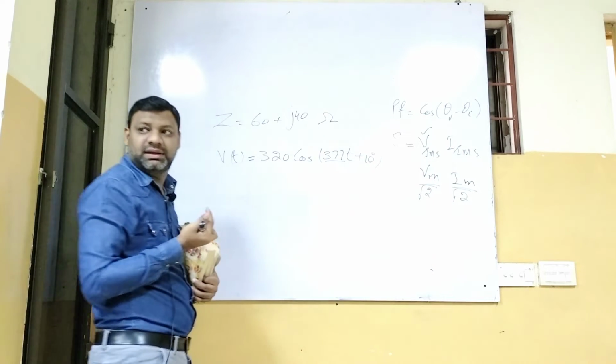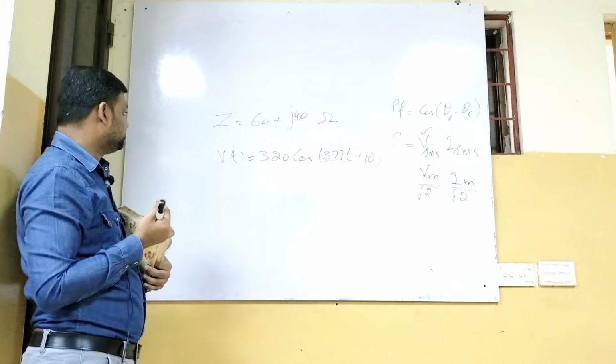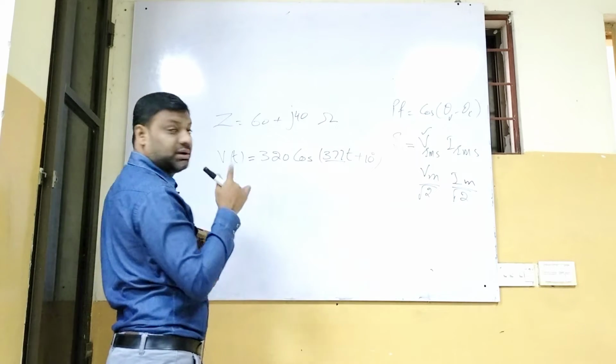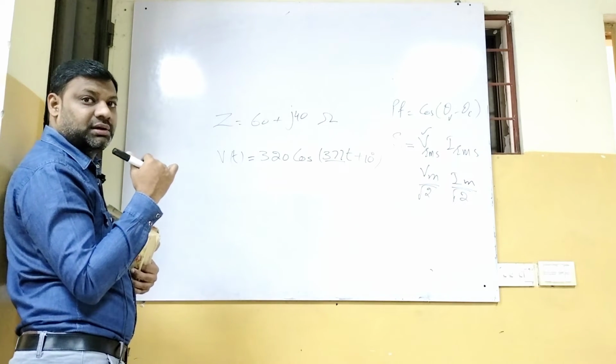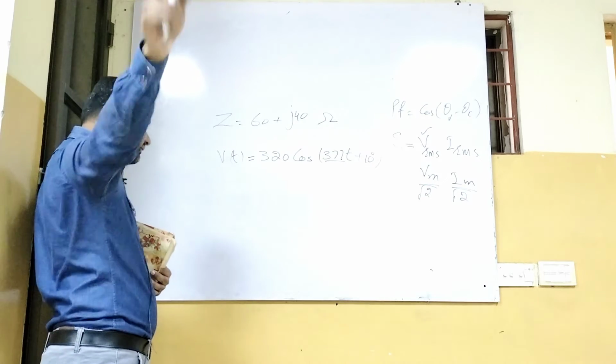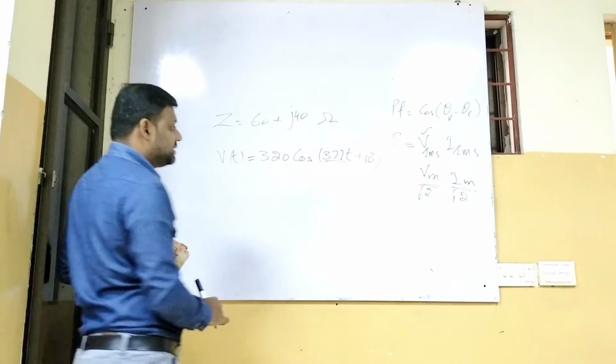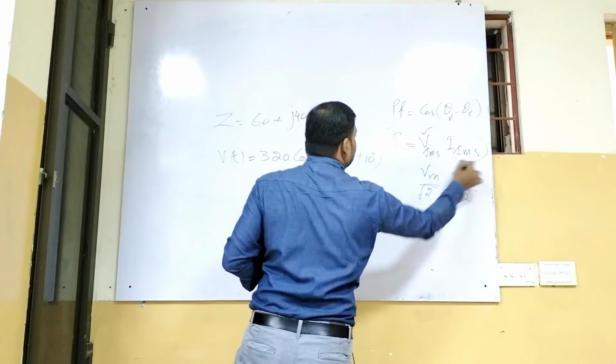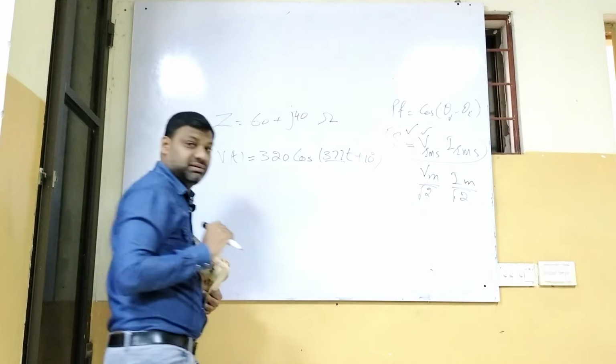So it is given. Very good. I is equal to V over Z. Okay, so in this way we got it.